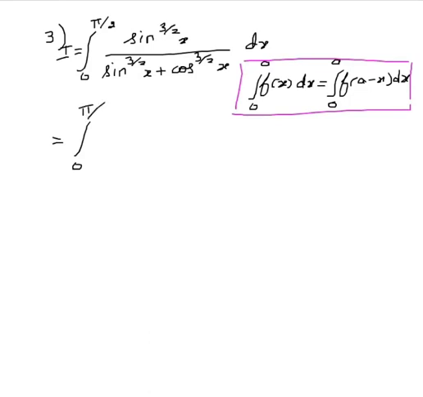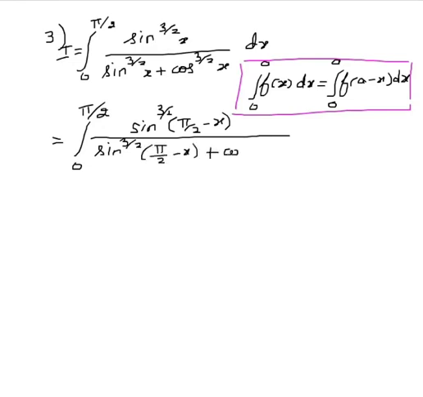Therefore, the given integral becomes integral 0 to pi by 2 sine raised to 3 by 2 pi by 2 minus x divided by sine raised to 3 by 2 pi by 2 minus x plus cos raised to 3 by 2 pi by 2 minus x dx.